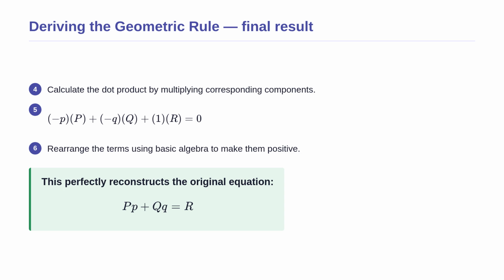Using basic algebra, we simply move the negative terms to the other side of the equal sign to make them positive. This perfectly reconstructs the original partial differential equation we started with. Hence, we have proven that the equation itself is simply a strict geometric rule forcing the surface to align with the vector field.